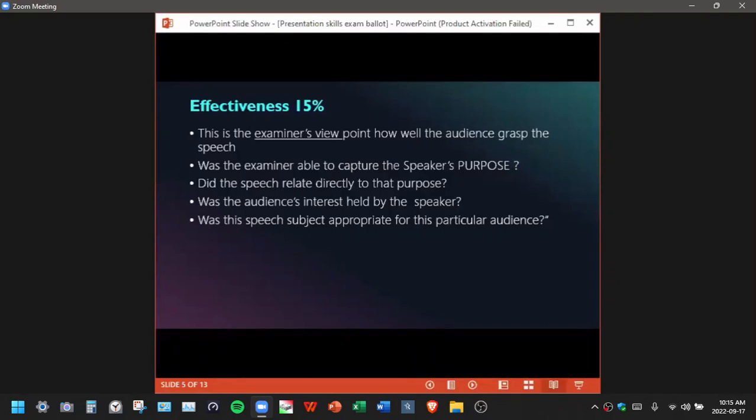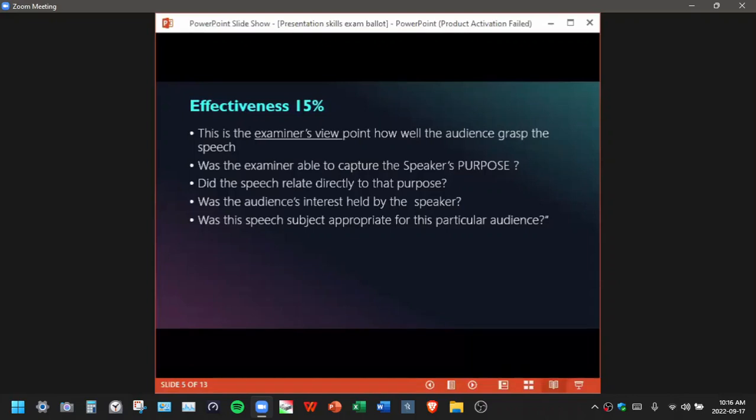And also whether the audience is interested. So they will consider whether you put them to sleep with your speech, or whether you get their attention and keep continuing to get that attention as a speaker.